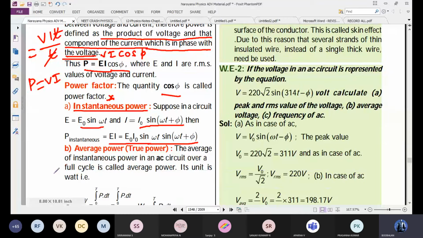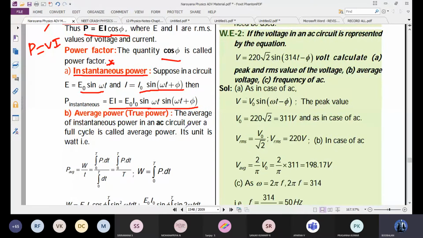So next one, average power. Average power means, just note down the definition, no need for the derivation part. Instantaneous power in an AC circuit over a full cycle, a complete cycle, is called average power.